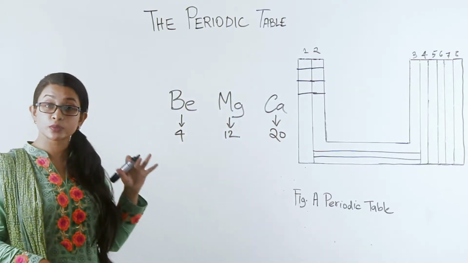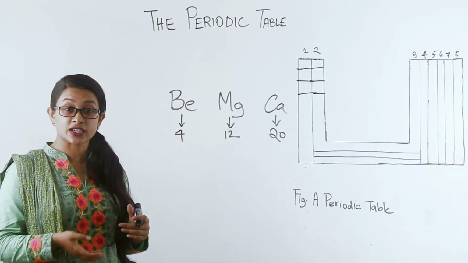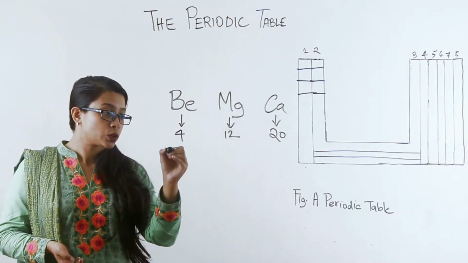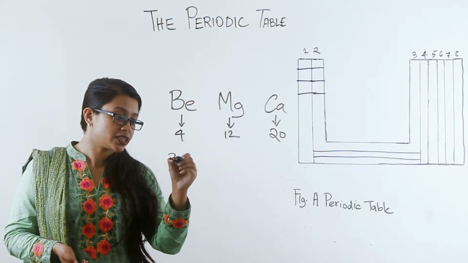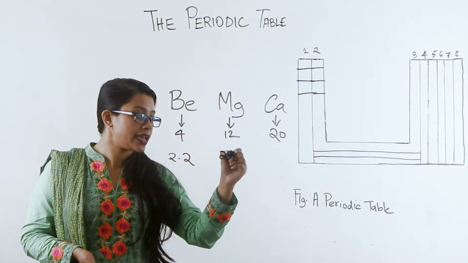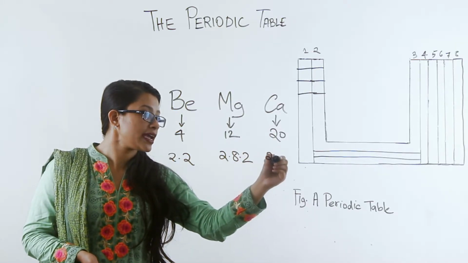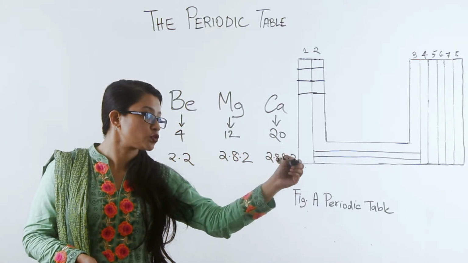So if we were to break down the atomic numbers into the electronic arrangement of these elements, we will find that beryllium has an electronic arrangement of 2, 2, magnesium has 2, 8, 2, and calcium has 2, 8, 8, 2.